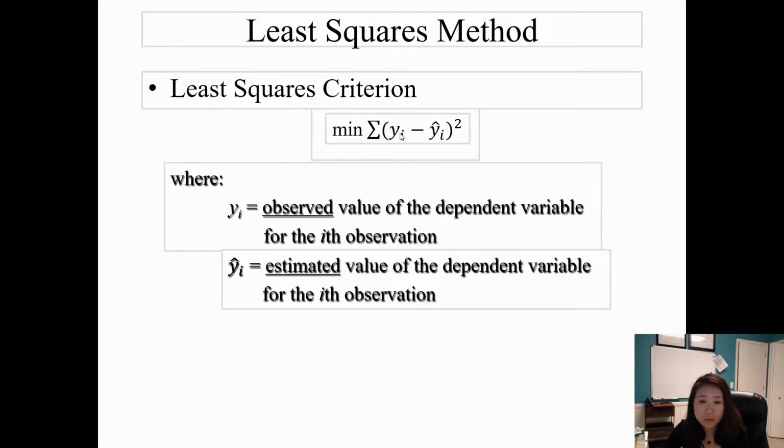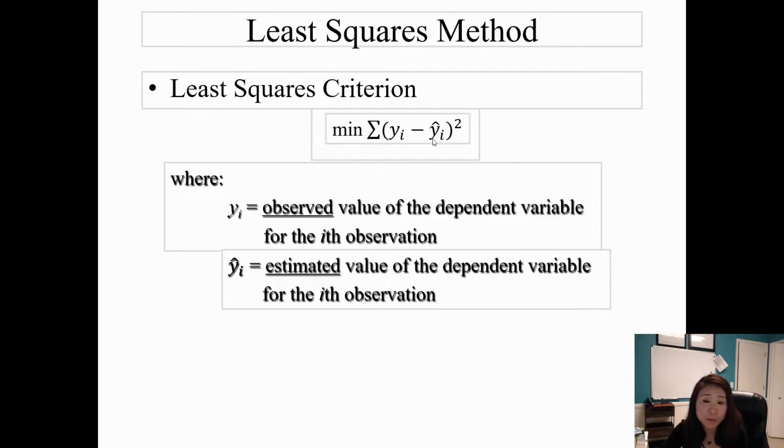You take the differences between the real observation and the estimated observation, square them, and sum all those squared differences, and you try to find which values give you the smallest differences. So basically, you try to make sure your prediction and the real value are very close to each other. So this method is called the least square method.